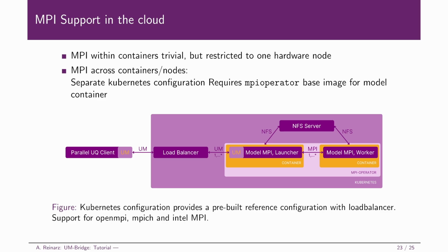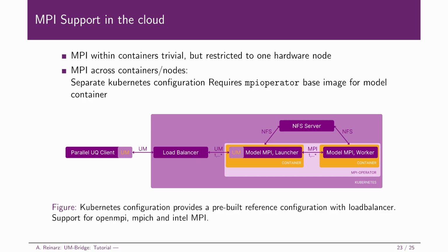There's a big box around everything else, and that's our Kubernetes cluster, where Kubernetes is orchestrating everything that's going on. Our load balancer is sending requests for model evaluations, which are coming from the parallel UQ client, all the way over to our model.